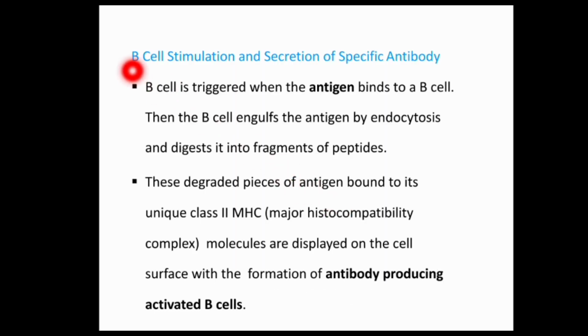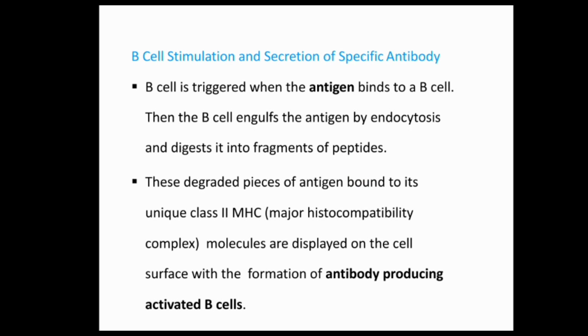Coming to B cell stimulation and how specific antibody is secreted. The B cell is triggered when the antigen binds to the B cell. The B cell engulfs the antigen by endocytosis and digests it into fragments of peptides. In upcoming slides, I am going to show the picture. Then only you can clearly understand.